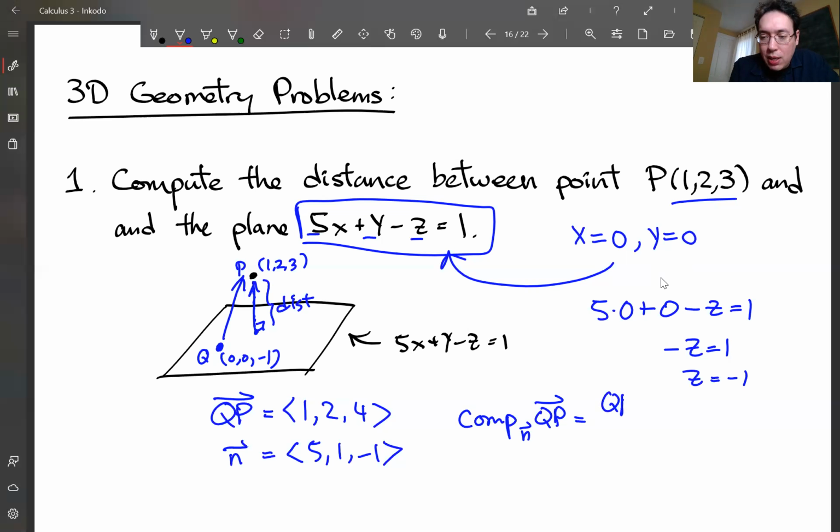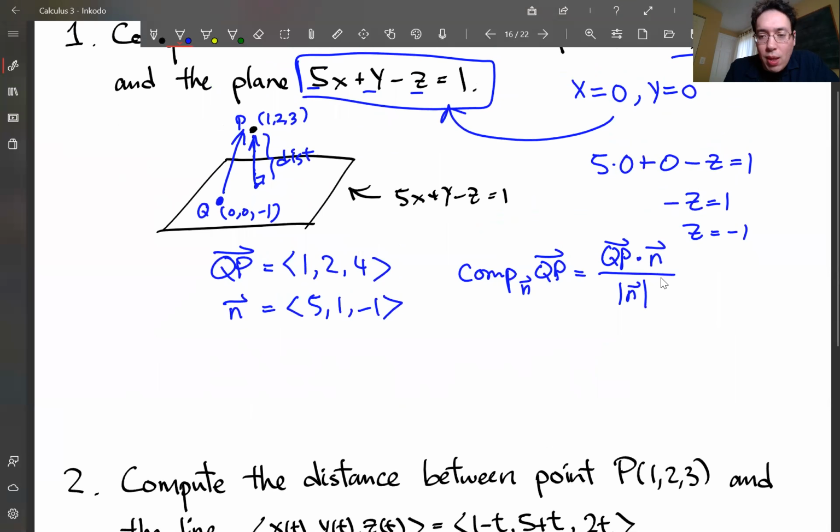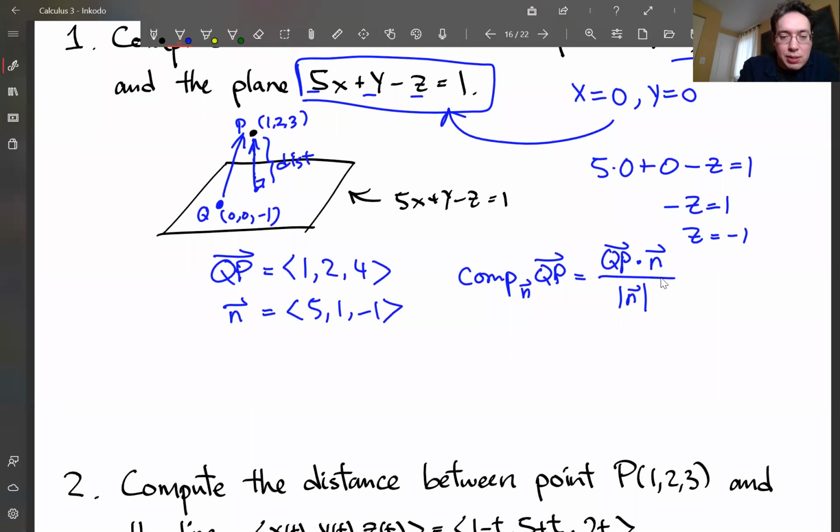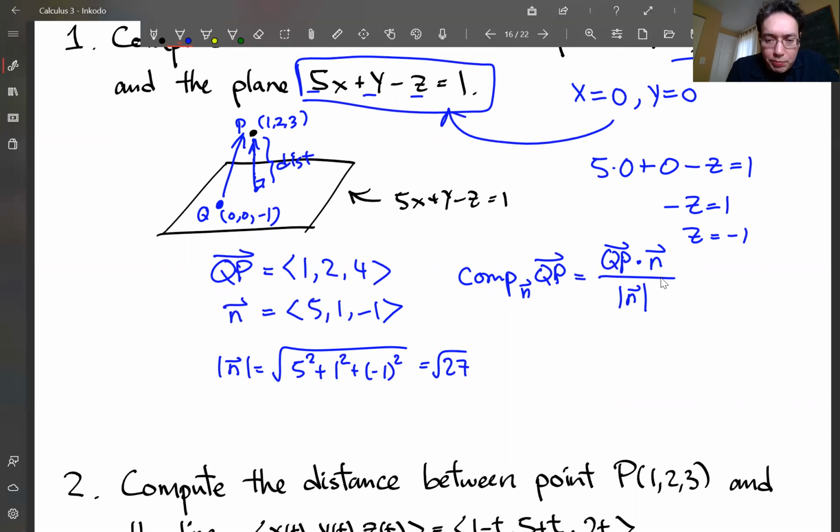So I take the vector, dot it with n, the normal vector, and I divide by the magnitude of the normal vector. Okay, let's compute the magnitude. 5 squared plus 1 squared plus negative 1 squared. So that's square root of 27.